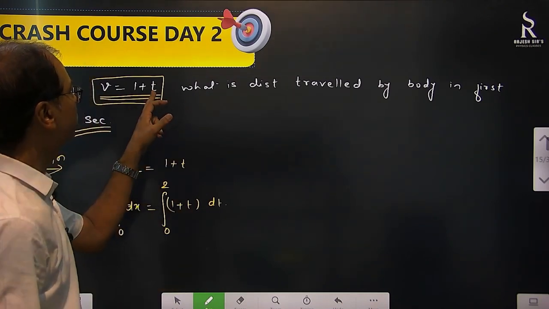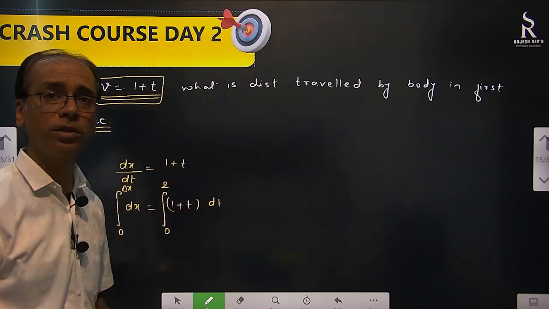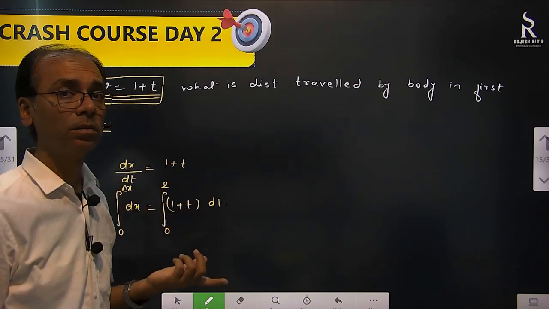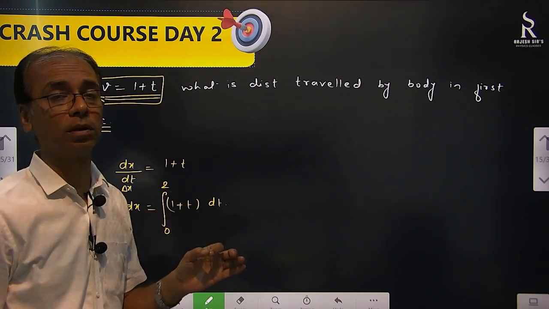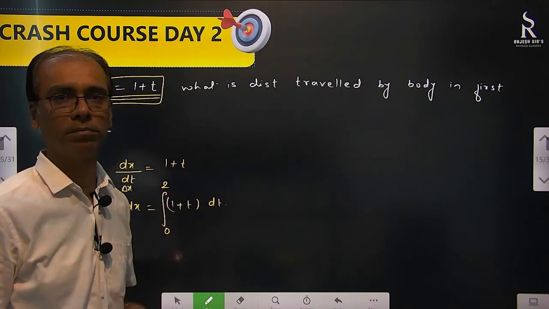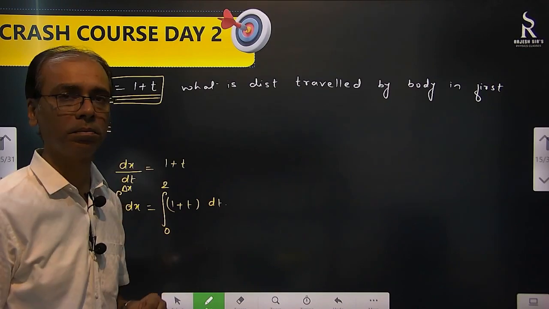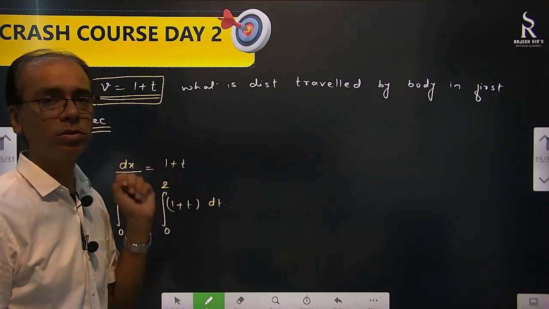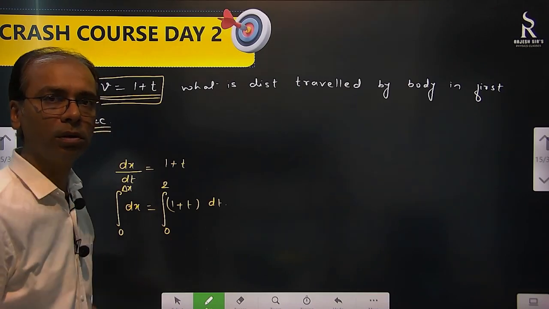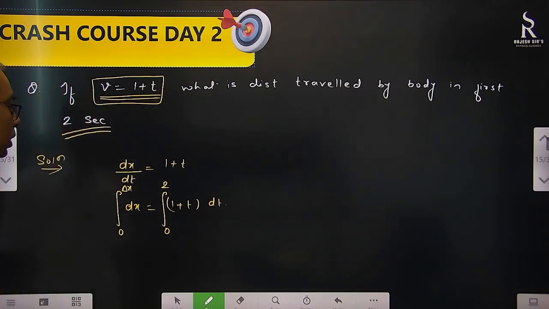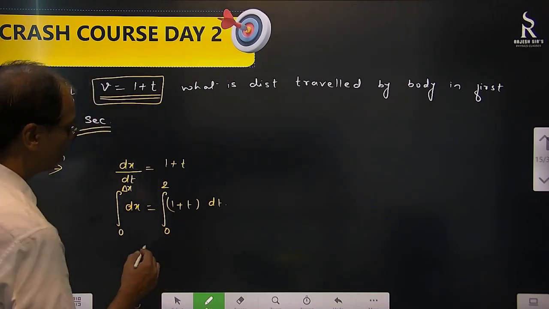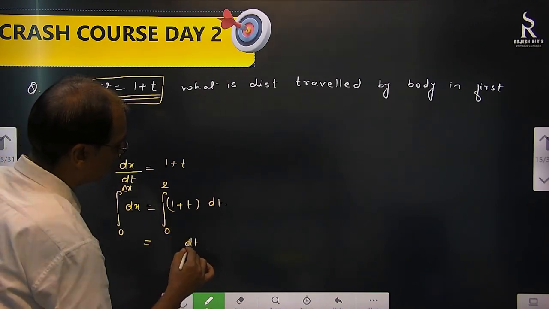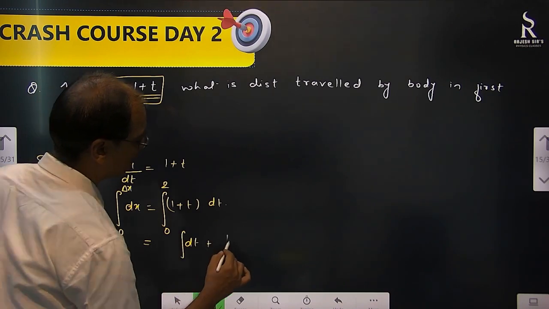So if this is always positive, that means velocity is always positive. In this particular question, the velocity is positive. That means distance and displacement will be the same. Okay. So we are not bothered. If he is asking displacement also, we are not bothered. Right. So now integration of this. And this is what? 1 dt. So we will write dt only plus t dt.